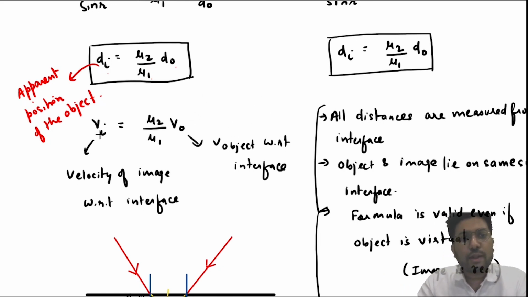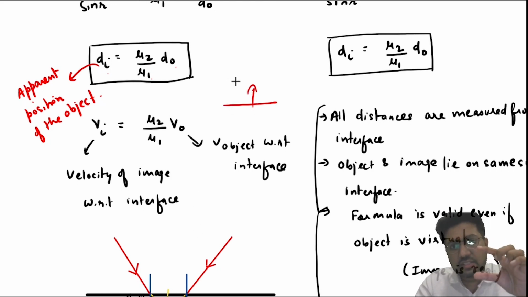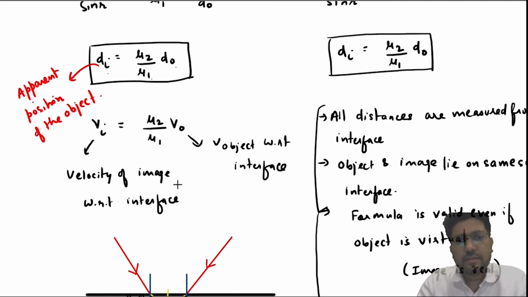That means velocity of image is equal to mu2 by mu1 into velocity of object, right? And this velocity is with respect to the interface, because if interface moves, then also the distance is changing, because all distances are measured from the interface. Similarly, velocity of object is also with respect to the interface, right?